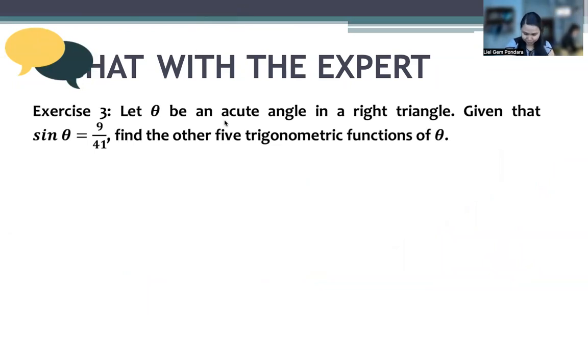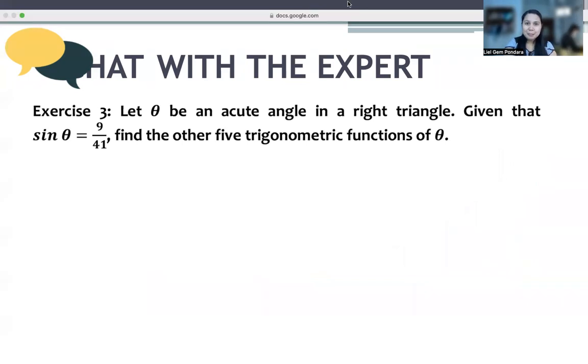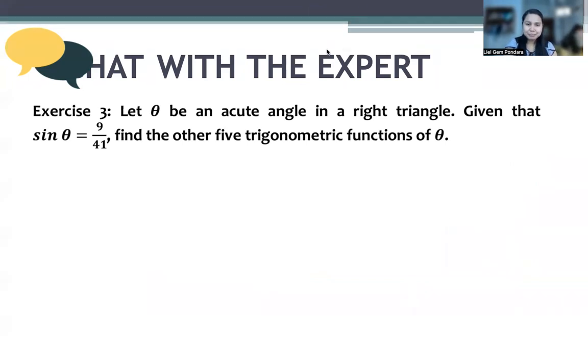Exercise number 3. I still have 3 more up to exercise number 5. The problem says, let alpha be an acute angle in a right triangle. So let's draw it, and alpha is the acute angle. Given that sine is 9 over 41.